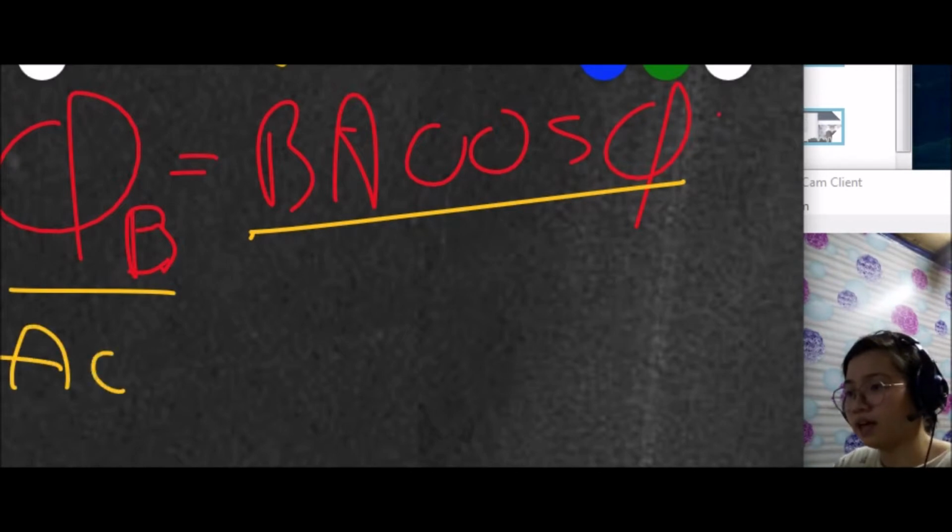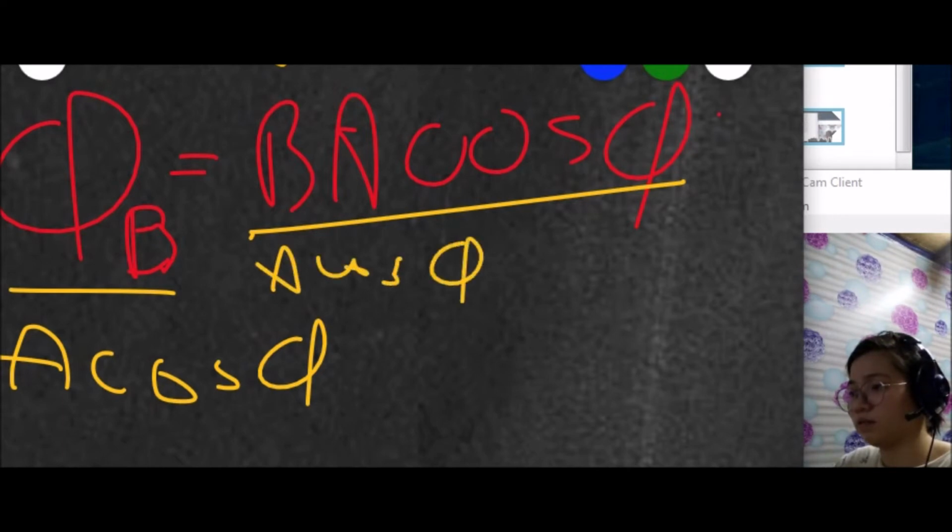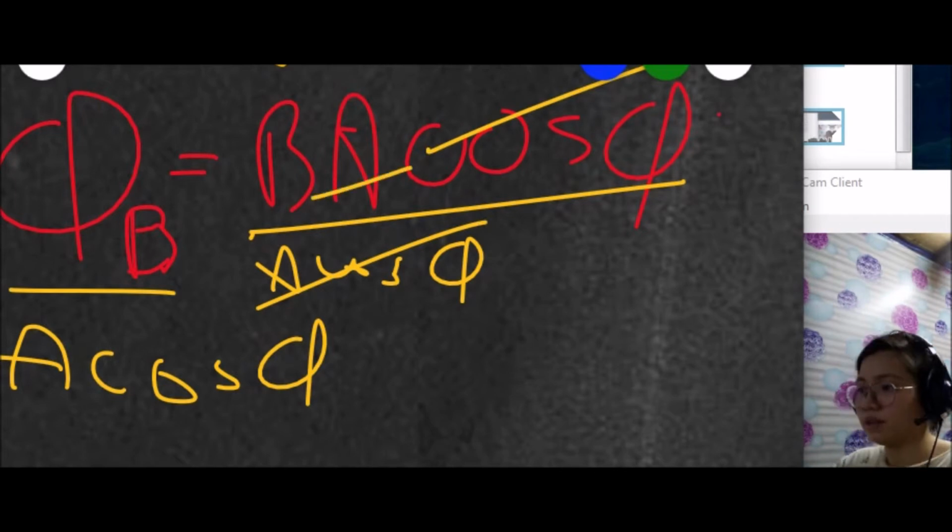A cosine phi and then the same A cosine phi as well, so they cancel. So it's going to be B equals phi B over A cosine phi.